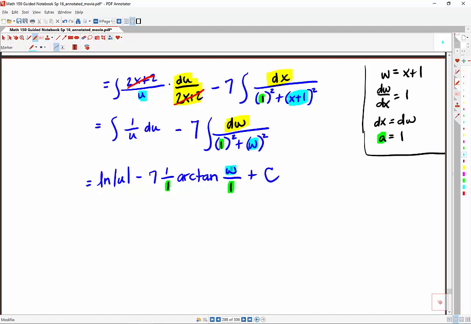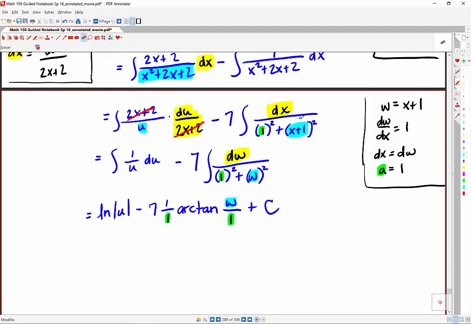Okay, and actually, you know what I should have done? I should have done the w in a different color, because that's what I did in the u. So my u's from the first one are here, and then we'll do w in, I don't know which color. Hopefully this will show up okay. This is our w sub.